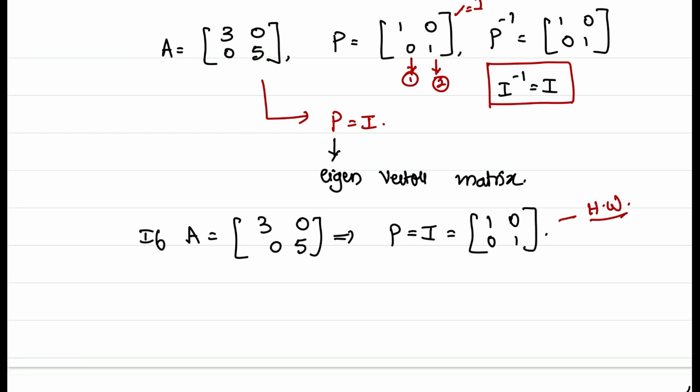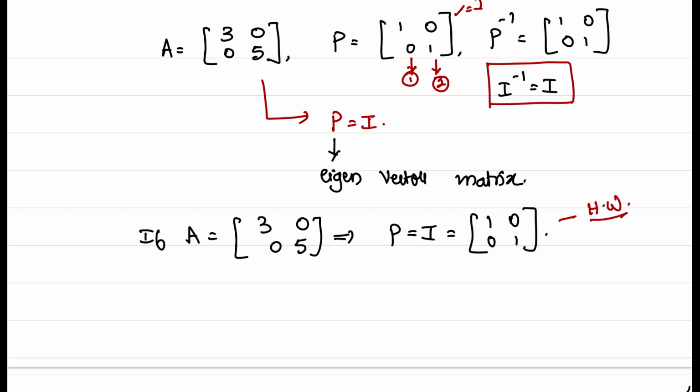Eigenvalues, eigenvectors I have already explained to you in previous lectures. It's an advanced topic. Please try to understand each and every sentence of mine. Please try to implement them. Do your homework and see that P is equal to I, that is [1 0; 0 1].